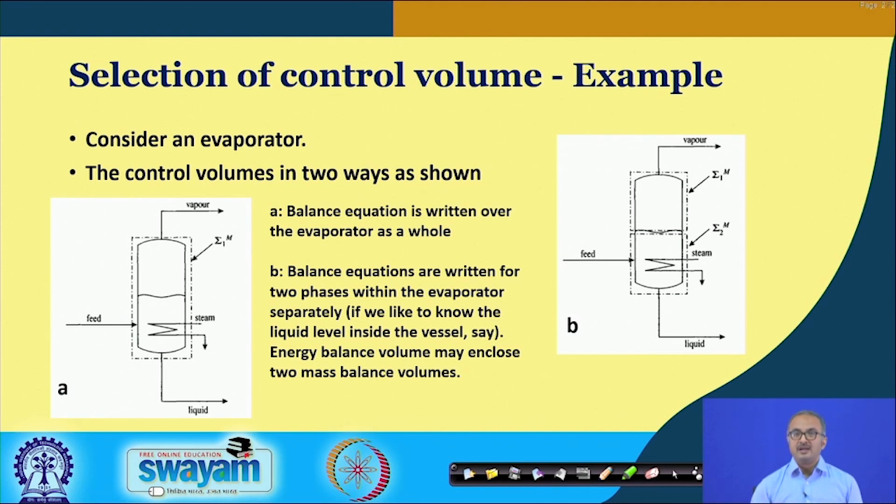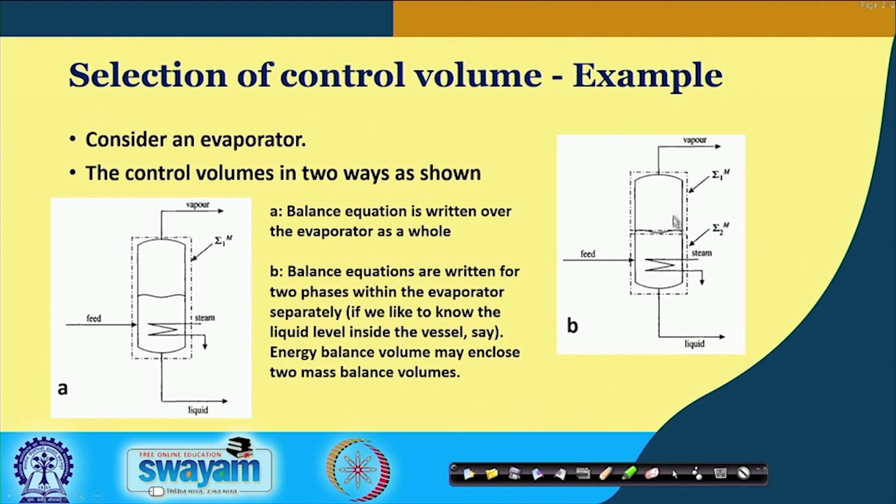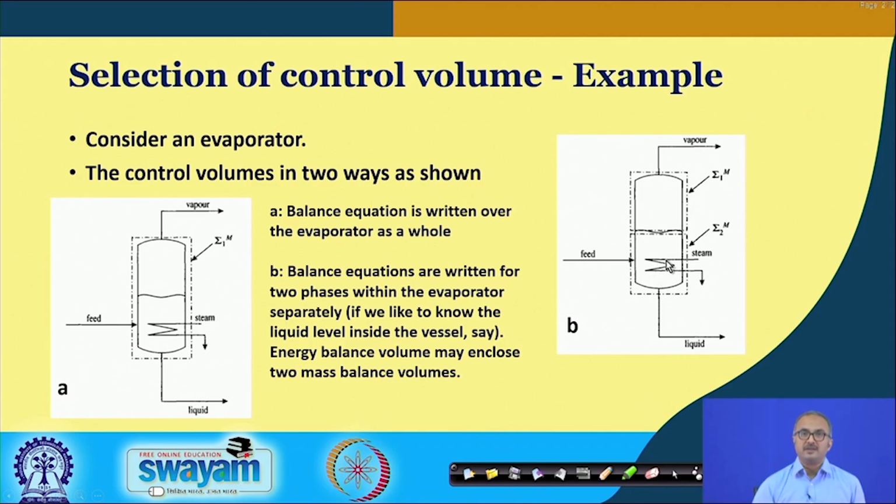On the other hand, if we want to know how the liquid level is changing due to evaporation, that cannot be known if we choose this particular control volume. In that case, we have to choose two control volumes, one for the vapor phase, another for the liquid phase. Now, in this way, we shall be able to determine the change in the liquid level due to the evaporation. Okay?